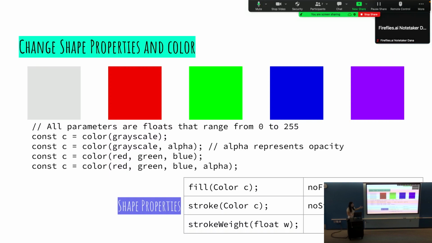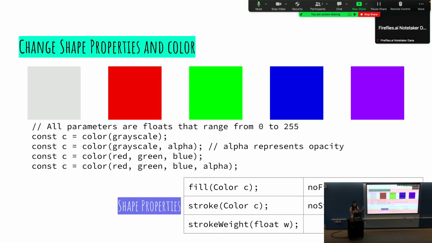All the parameters you'll see here for color are going to be floats that range from 0 to 255. This is how you would initialize a color, but we're going to see how we're going to put that in. So let's try to change some colors.